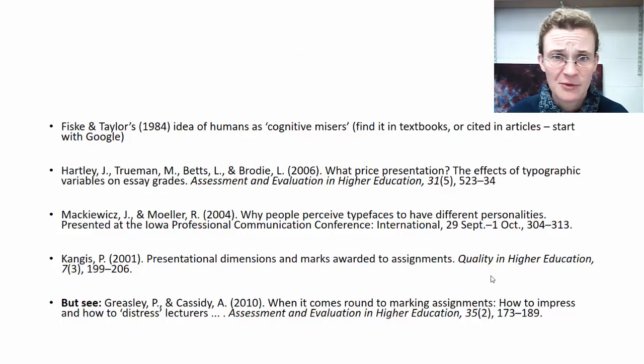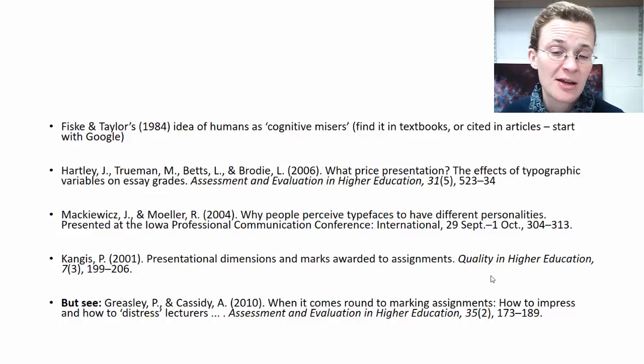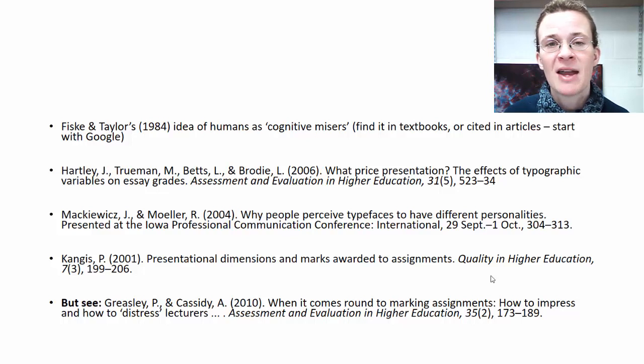Some of these you're going to have to find through Google because they're actually in textbooks. They're more general sort of ideas that you need to be familiar with. But have a look at these articles, summarize them, annotate them, so you have a head start when you come to write the report.